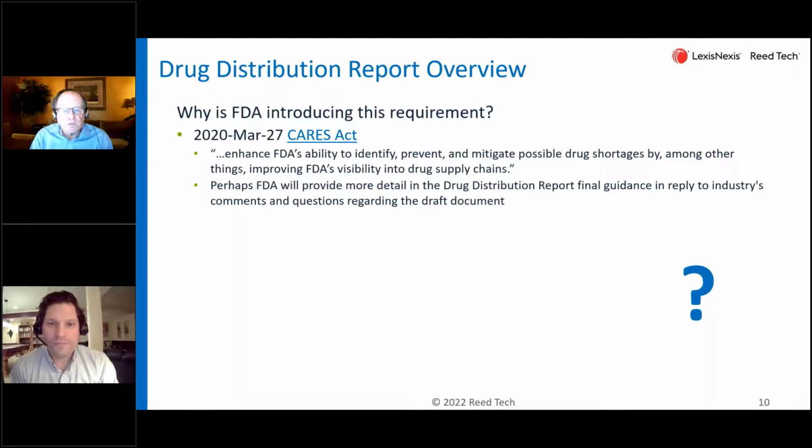So this drug distribution report is really just what goes out the door from your facility. But there might be some information influencing the way the FDA targets and prioritizes inspections. Certainly the quality metrics data had some impact there about the inspections.